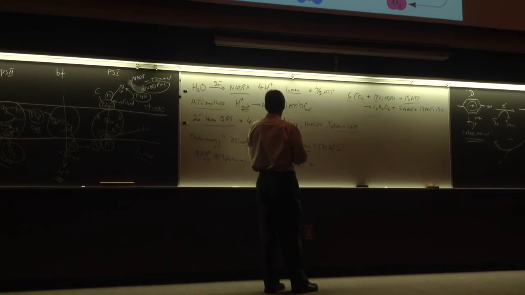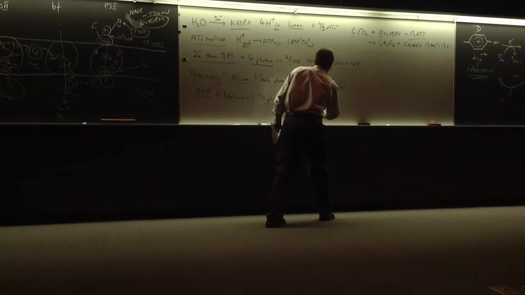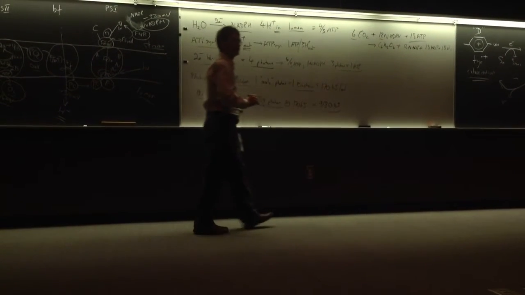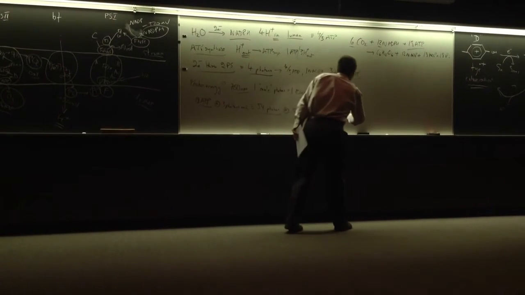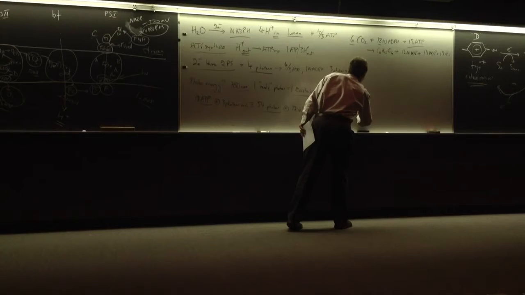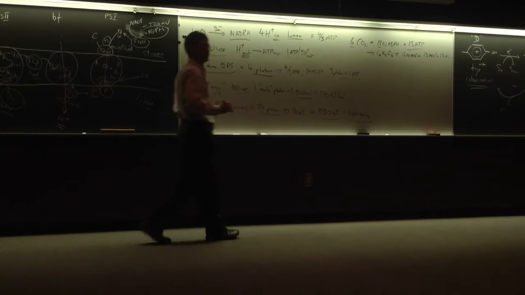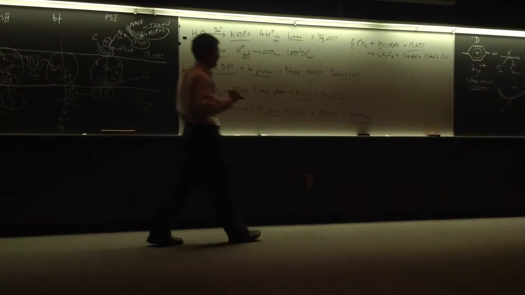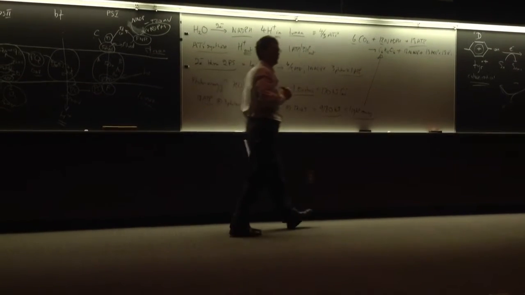That equals 170 times 54, which is about 9180. So this is the amount of light energy absorbed to make 1 mole of glucose.